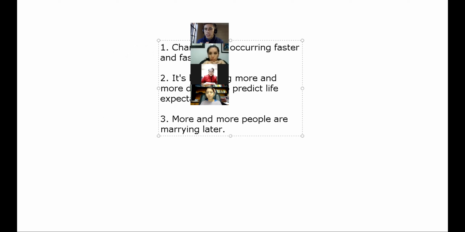Which repeated comparison modifies an adjective? Number 2. That's right. Correct. Which repeated comparison modifies an adverb? The number 3. Not exactly, because we have more and more people. Is that an adverb? No. So the comparative form modifies the noun in number three.